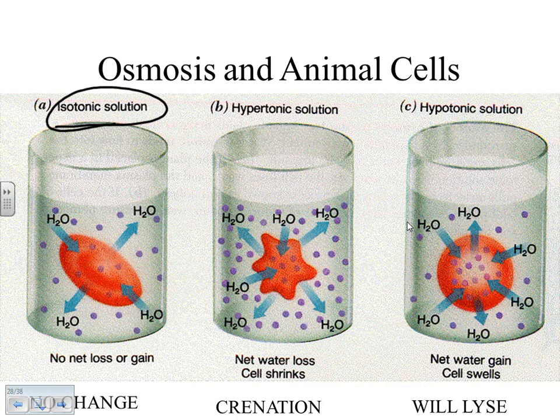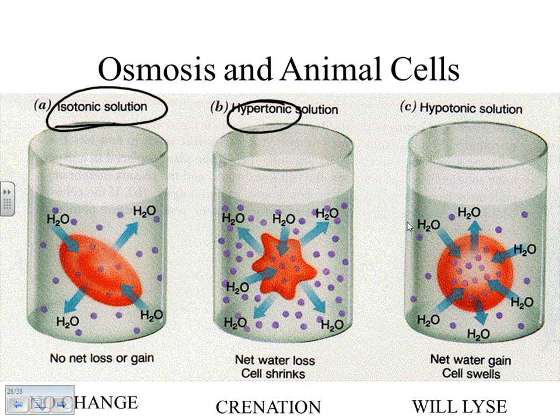Here we've taken this red blood cell and we put it in a hypertonic solution. So now the concentration of solutes is higher on the outside of the cell than on the inside. Assuming that the membrane of this cell is permeable to water, but not permeable to the solute, water's going to move out.